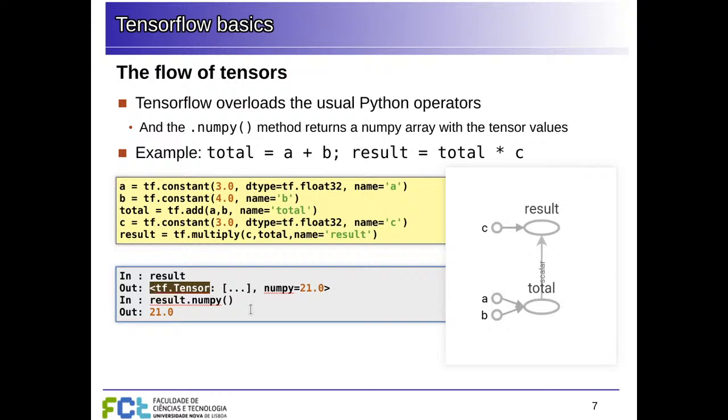But we can easily convert this, extract the values that we want for using, for example, with other operations, with NumPy, for writing the results or something like that, if we use the NumPy method of the tensor. So the NumPy method of the tensor will return a corresponding NumPy array with the data that we have in the tensor. Note that in these simple cases, these tensors are just scalars, they are just single numbers, but the tensor can be an n-dimensional array of numbers. So in that case, the NumPy method would return the n-dimensional array that we have stored there.